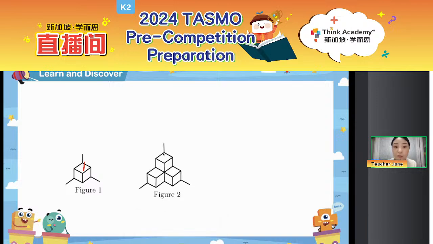And then this one, figure 2, how many blocks are there? We should count from the shorter one to the longer one, right? So we can count. This is 1, another 1, and then the one behind. Is there only 1 box? No, everyone. It is just hidden behind, right? Let me find some blocks. Can you see?